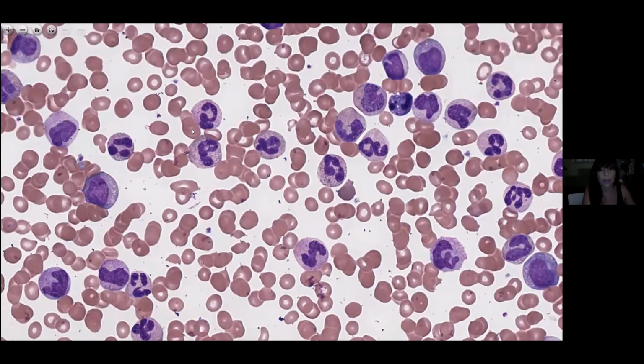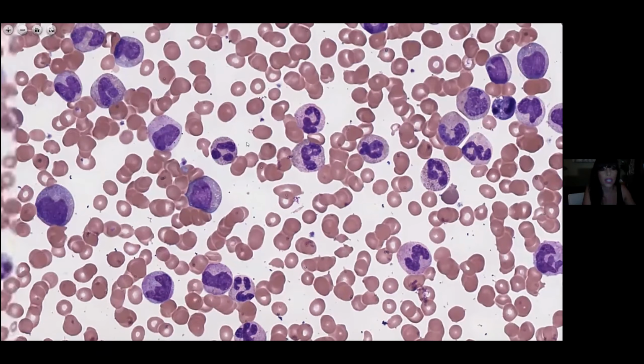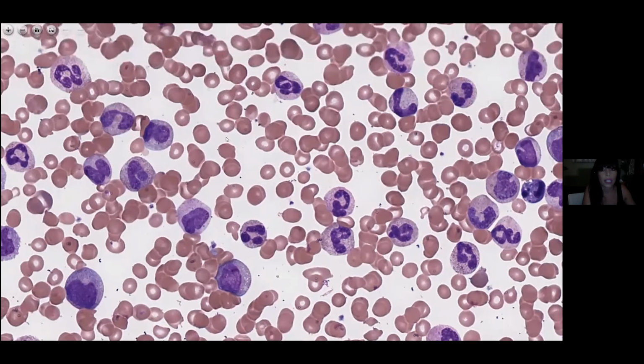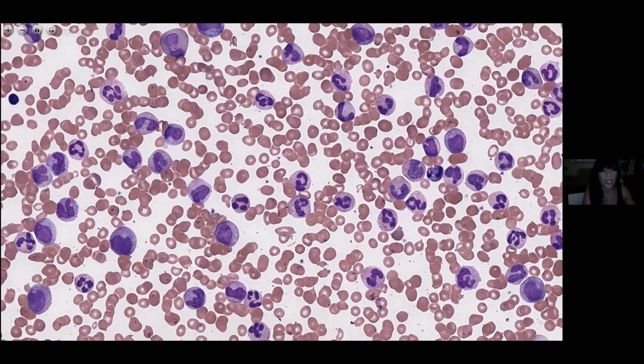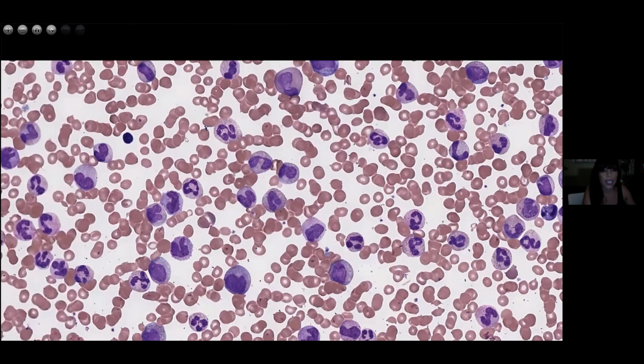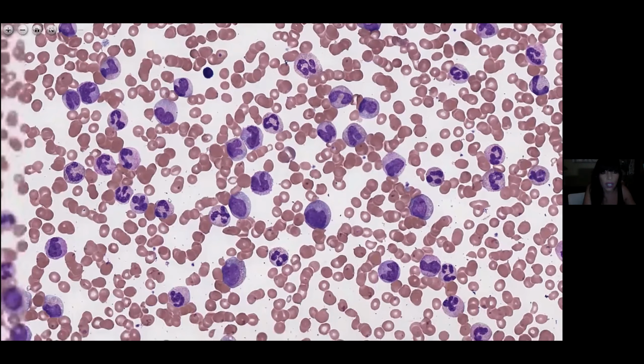Here's some more segmented neutrophils here. And a lymphocyte. More segs.